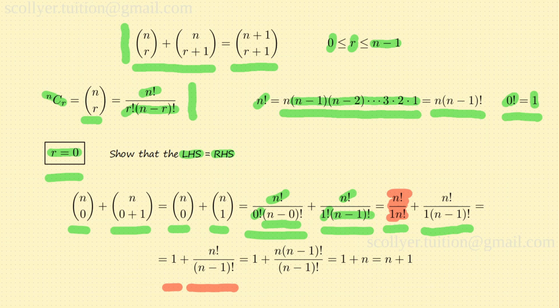And now we note that n factorial can be written as n times (n minus 1) factorial, to turn n factorial over (n minus 1) factorial into n times (n minus 1) factorial over (n minus 1) factorial. These terms cancel, the (n minus 1) factorials, to leave us with 1 plus n, or as I would prefer to write it, n plus 1. And so the left-hand side, in the case r equals 0, reduces to n plus 1.